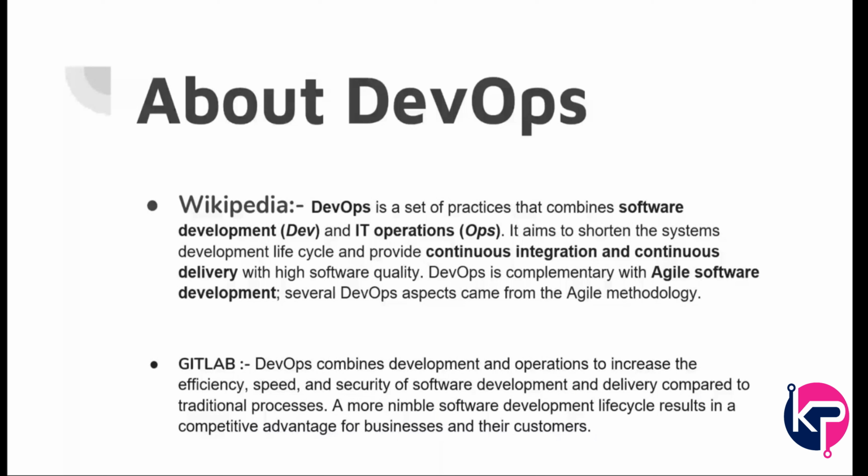Continuous delivery is nothing but delivering your software with high quality and in an easy-to-ship way. For example, who knows HTML? I hope everybody has an understanding of HTML. You have developed some HTML, CSS, and JavaScript, right?